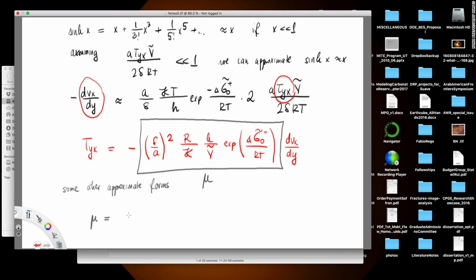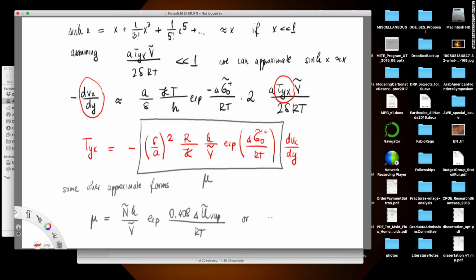One is that mu is Avogadro's number h divided by molar volume, exponential of 0.408 delta, this is internal energy of evaporation, divided by RT, and this is something measurable.